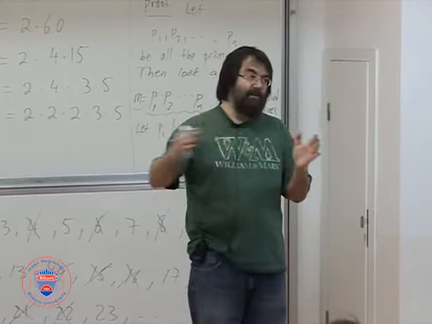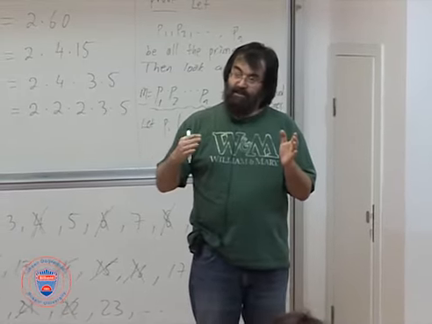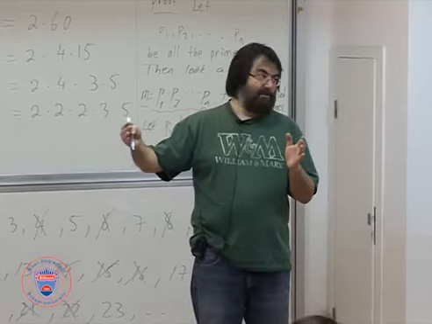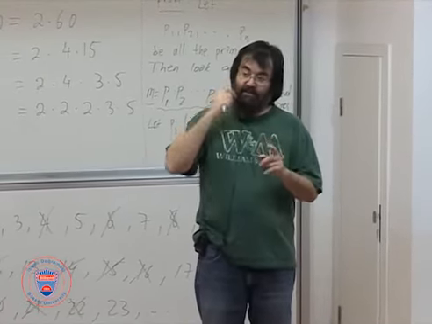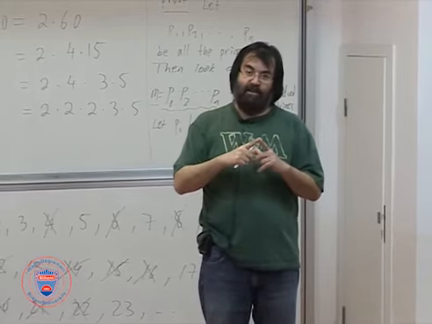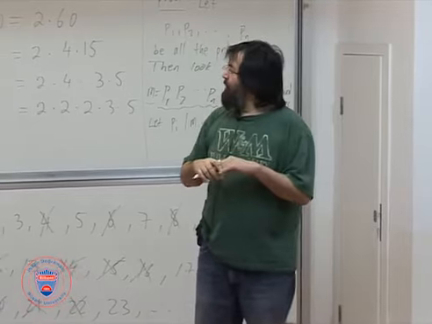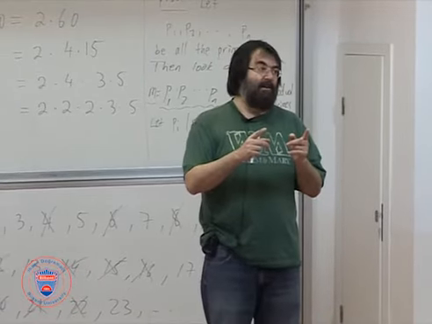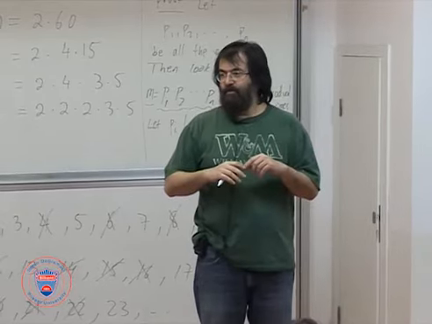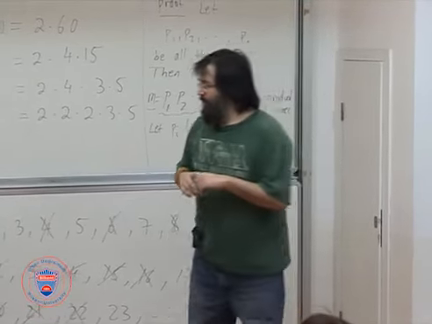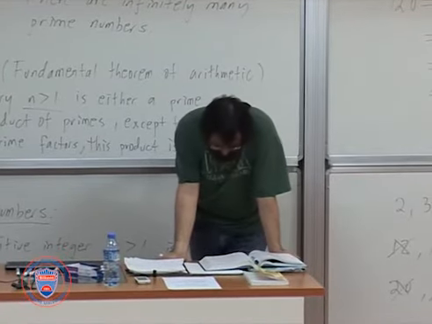Your Euclid's algorithm will finish in less than 5 times the number of digits in A. So if you're using Euclid's division for numbers with 3 digits, you cannot do more than 15 divisions. That's the theorem, and it's a relatively easy argument.